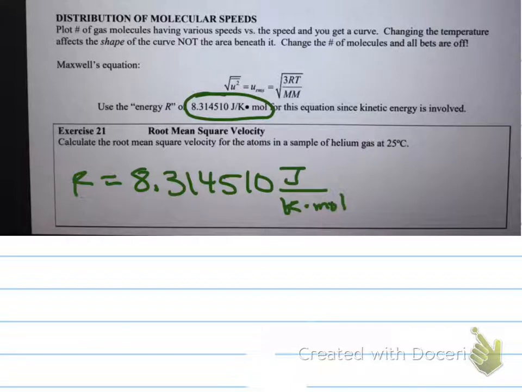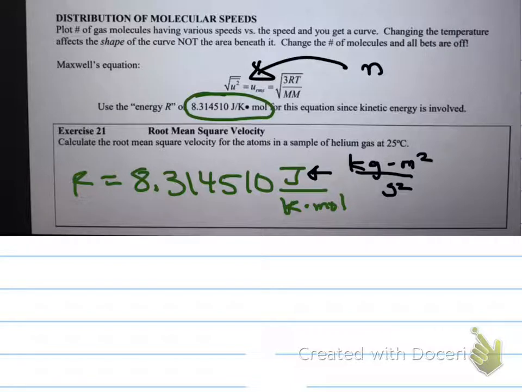And I know I said we're using a different R. This is exactly the same R, but with different units. Since we've changed the units, the number also changes. This unit J, joules, actually means kilogram times meter squared divided by second squared. And the units for our velocity are meters per second.